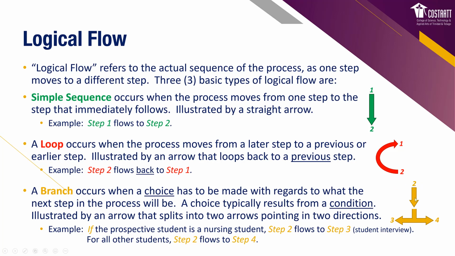So it goes from 2 to 4. So when we illustrate our process flow, we need to illustrate when this deviation or this branching out occurs, where we can now direct some students in one direction to a special step, and we direct other students in another direction to their appropriate step, as the case might be.